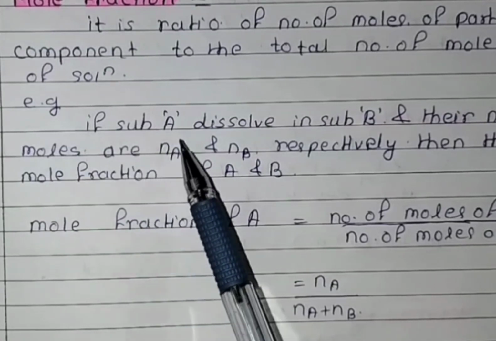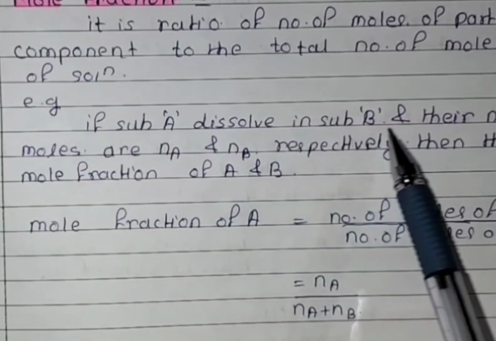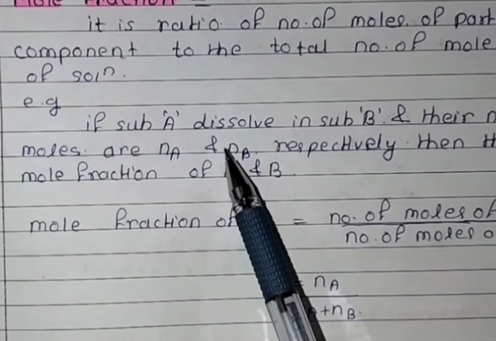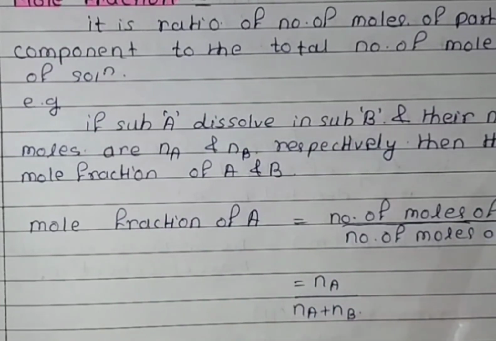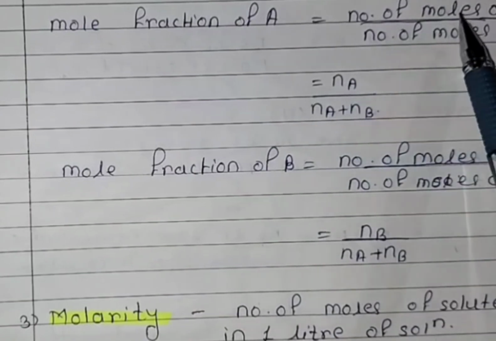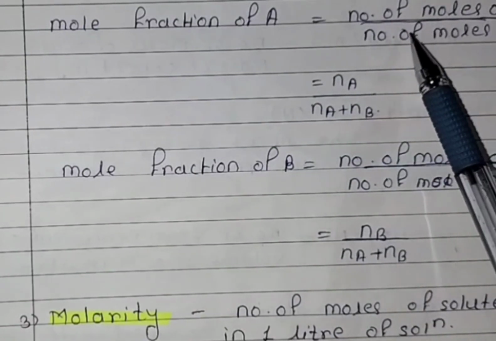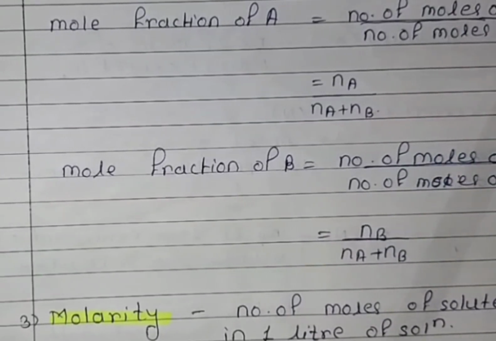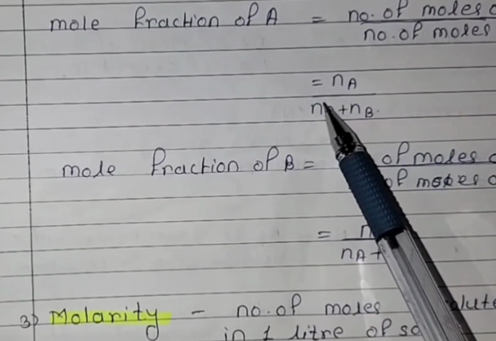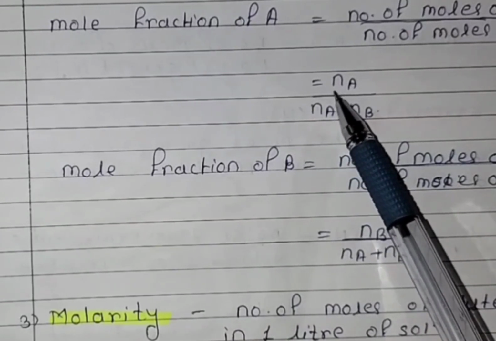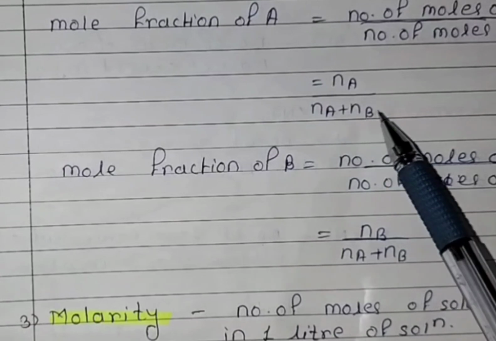For example, if substance A is dissolved in substance B, and their numbers of moles are Na and Nb respectively, then the mole fraction of A is equal to the number of moles of A divided by the number of moles of solution, that is Na divided by Na plus Nb.